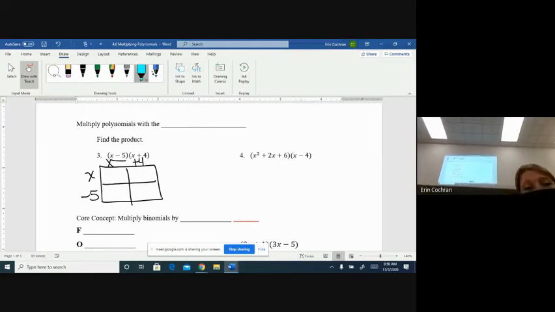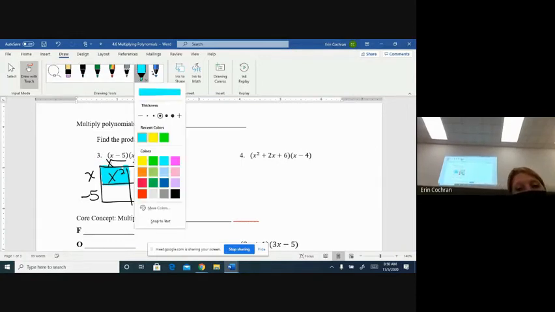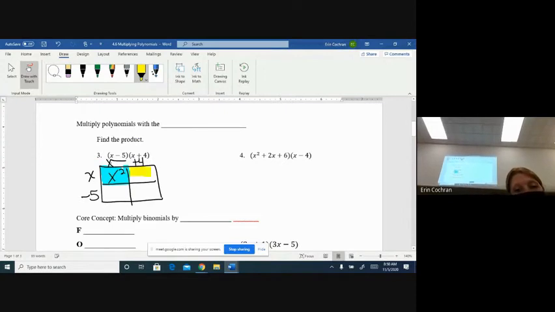Now, do we understand how a multiplication table works? So to get this first box, what do I multiply? I multiply x and x. So what's x times x? X squared. All right. To get this one here to the right of it, what would I multiply? X and 4.